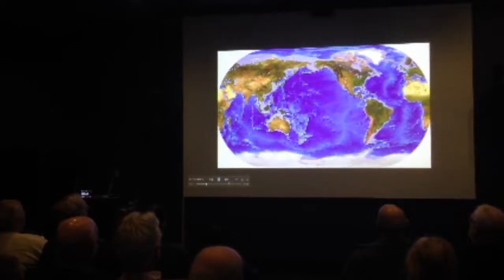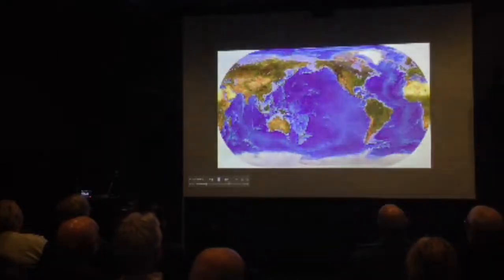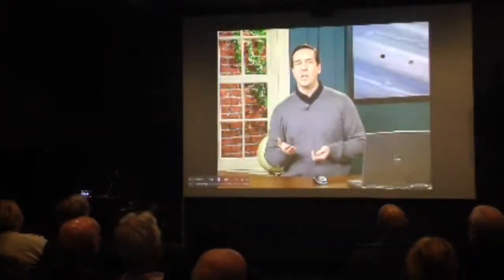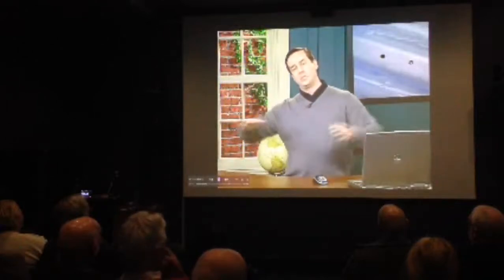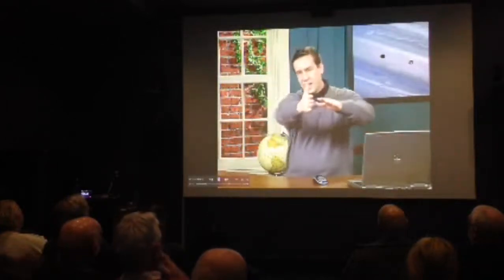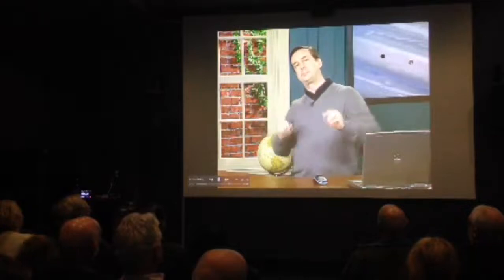These are like undersea mountain ranges. They can reach up to 5,000 feet above the sea floor. And sometimes, especially in the Mid-Atlantic Ridge, they're cut by a rift valley. So you have the mountains, and then you have a rift valley cutting through.